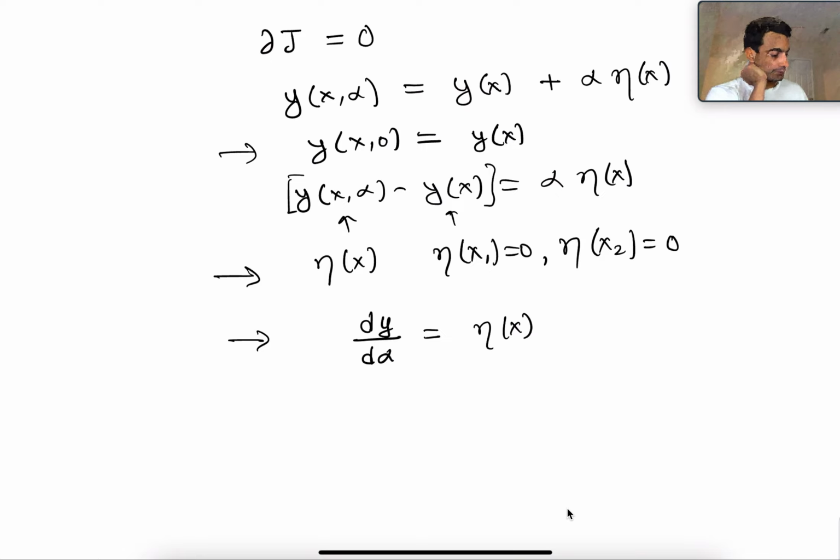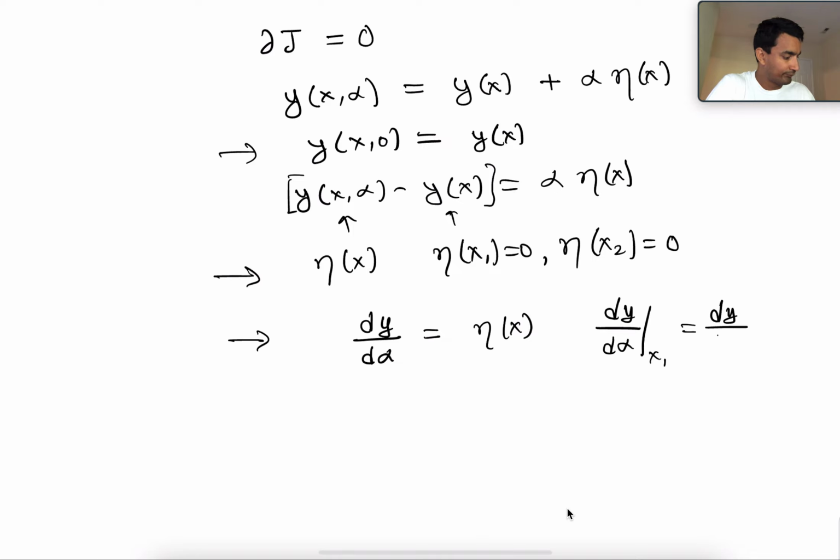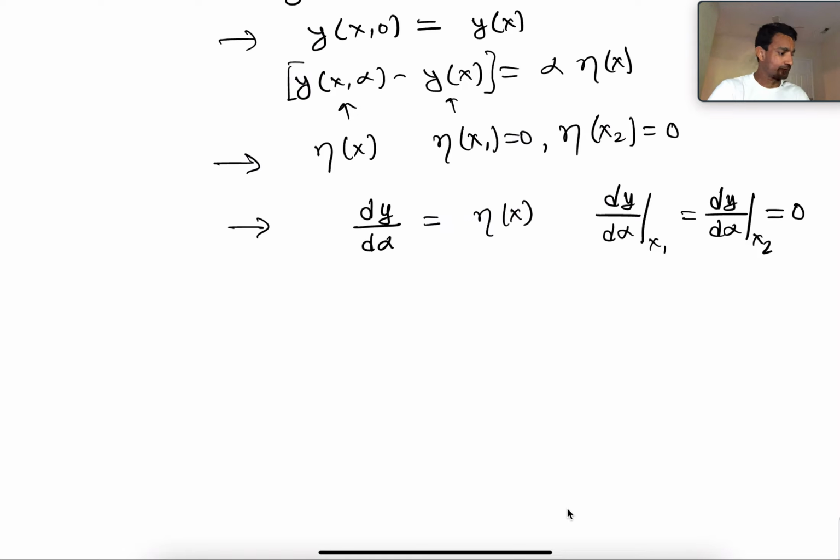Since dy by d alpha is eta of x, dy by d alpha at the points x1 and x2 are simply eta of x1 and eta of x2, which are also equal to 0. We are going to use these things later on in our derivation.